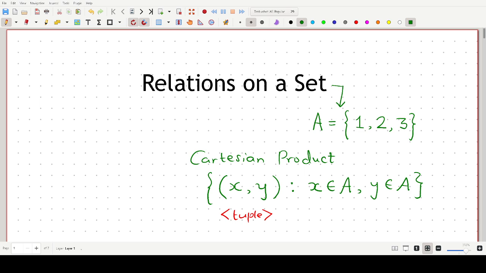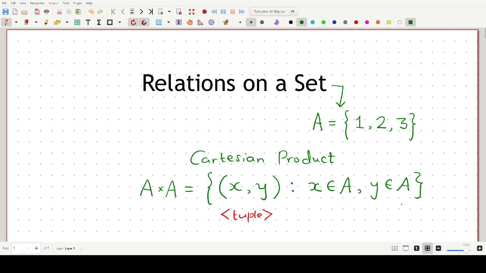Hence, there is no harm in being more rigorous in the definition. And this particular set is represented by A cross A. So you can think of this set to be, let's say, the product of two sets.